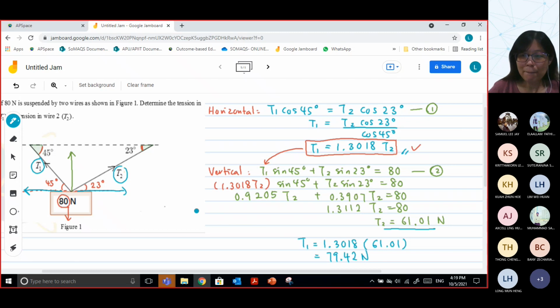Okay, so if things are clear, just take note which one is T1 and T2. If the diagram is already given, you must follow exactly. Then I think it should be okay. Now this one only involves two forces. Later we will move on to more forces.